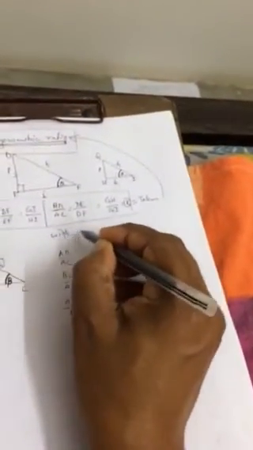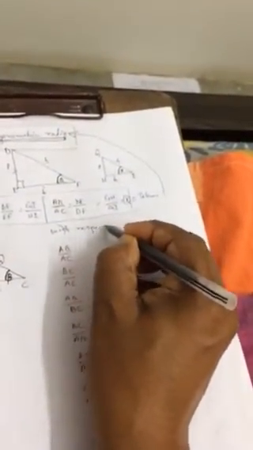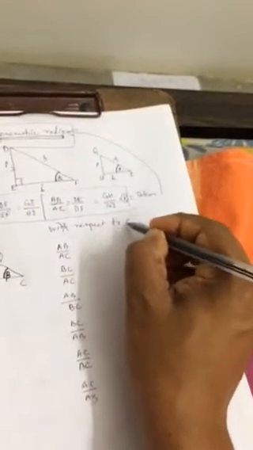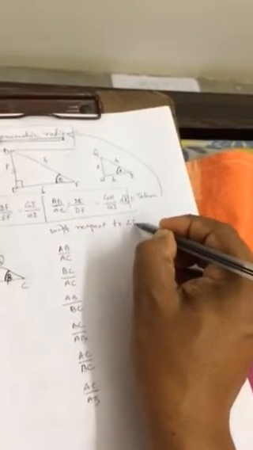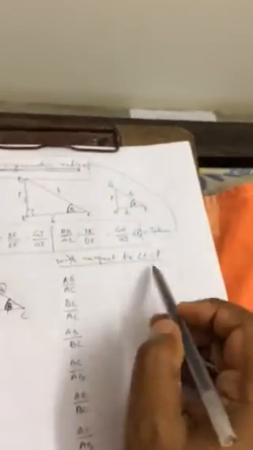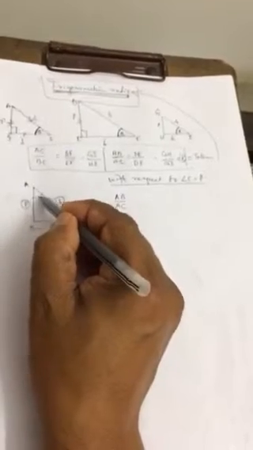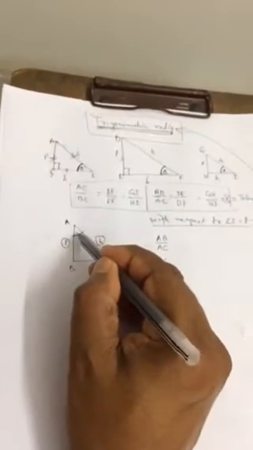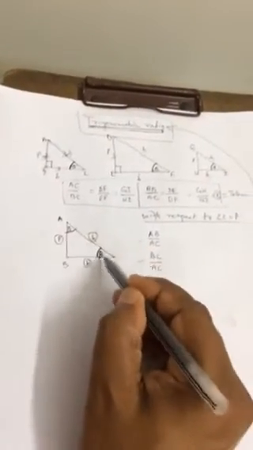See here, with respect to angle C, that is beta, how many ratios can you obtain? 6 ratios. Suppose angle A is theta.